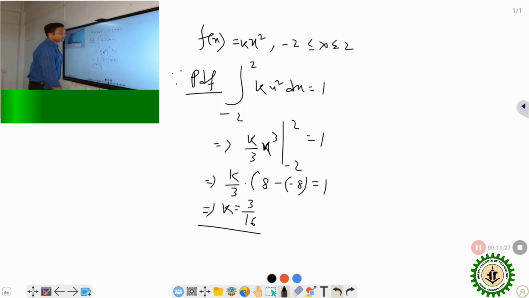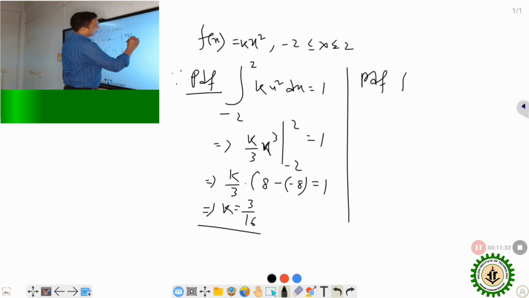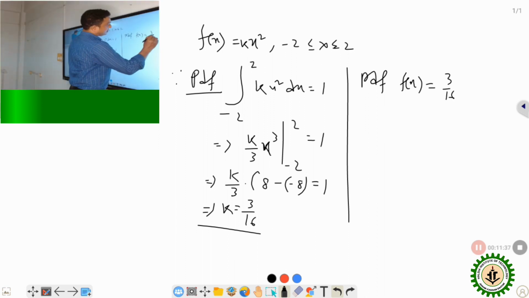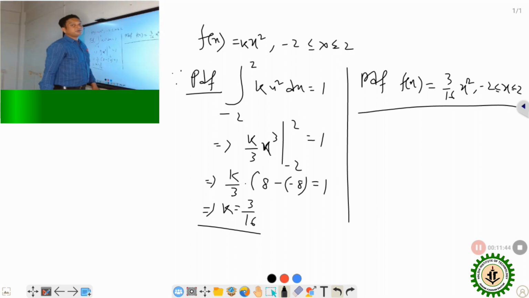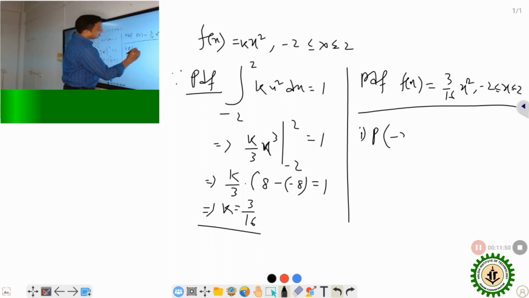After getting the k value, we can redefine the PDF as f of x equals 3 by 16 into x square, for x from minus 2 to 2. Now you need to find the probability for some cases. For example, let's find the probability for minus 2 less than or equal to x less than or equal to 1.